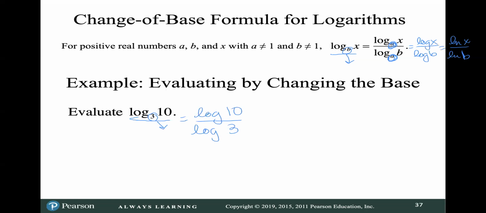Now, I chose the common log because notice I have an argument of 10. So if I chose the natural log, I wouldn't be able to simplify this. But with the common log, log of 10 or log base 10 of 10, the base is reduced and that becomes 1 divided by log of 3. Now that we can put directly into our calculator to calculate it.